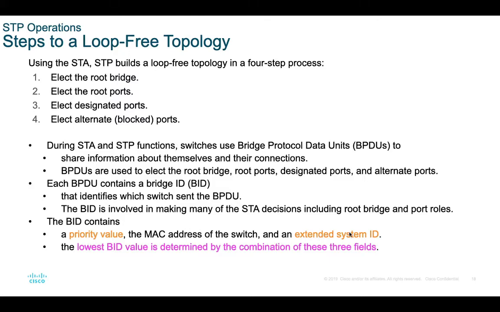The extended system ID is actually calculated or summed into the priority value, so it is presented as one value only: priority value plus extended system ID, and the MAC address of the switch. In order to select a root bridge, they will use the lowest BID value, determined by the combination of these three fields.